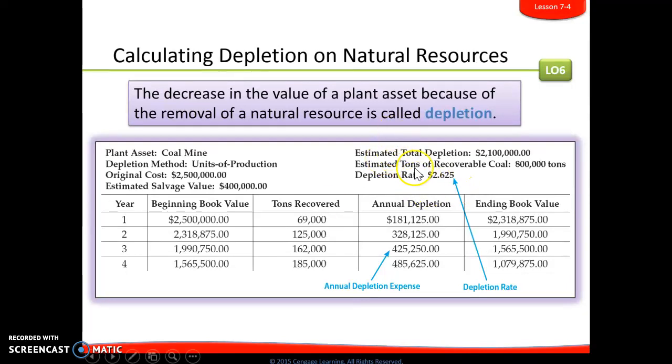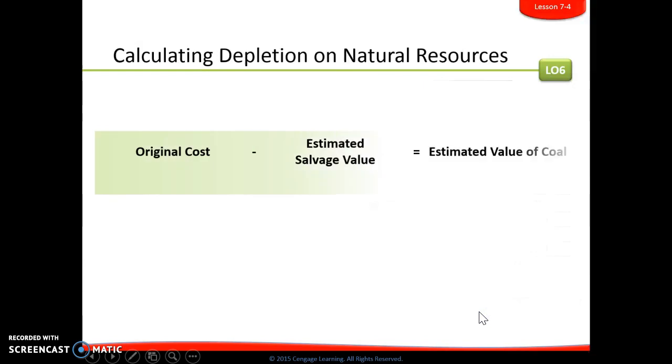So here we have this depletion rate of $2.625. And so that's how we get our annual depletion and then our ending book value. So calculating depletion, how they got that information: we're going to take the original cost minus the salvage value to get the estimated value.